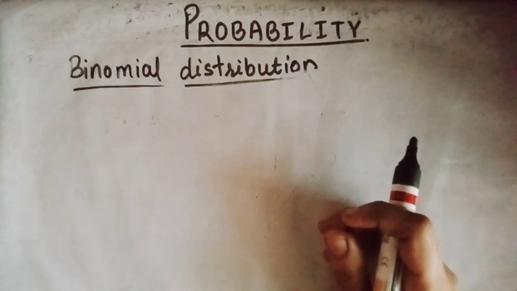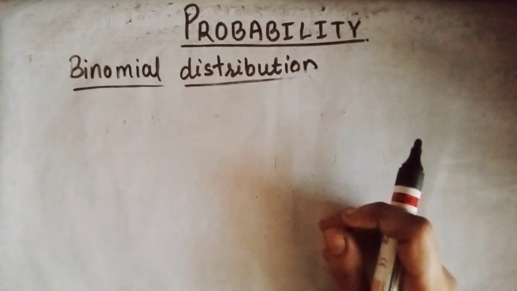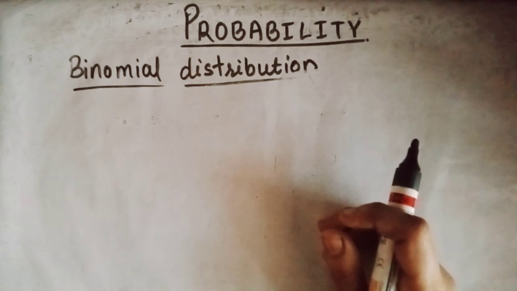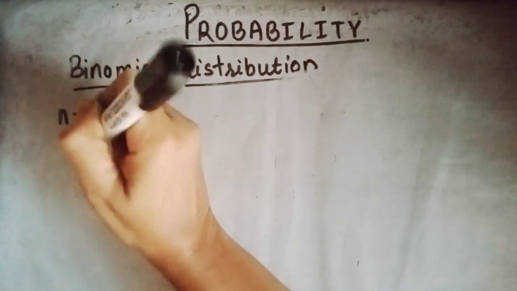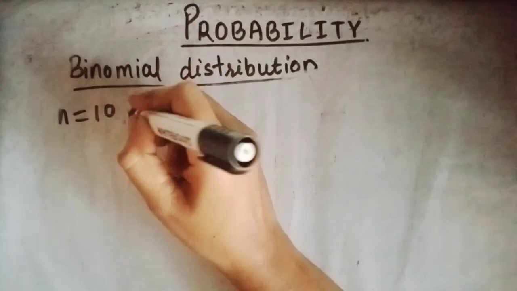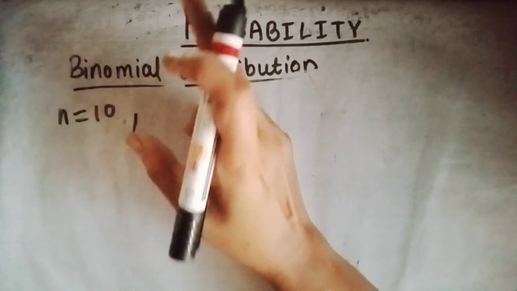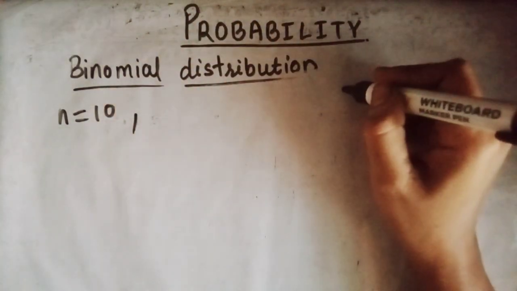If a fair coin is tossed 10 times, find the probability of getting exactly 6 heads, at least 6 heads, and at the most 6 heads. Now a fair coin is tossed 10 times, so n is 10.